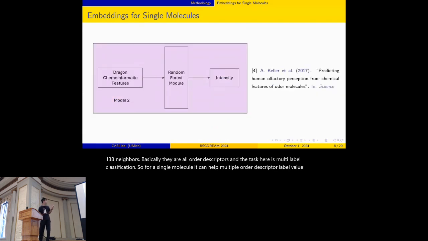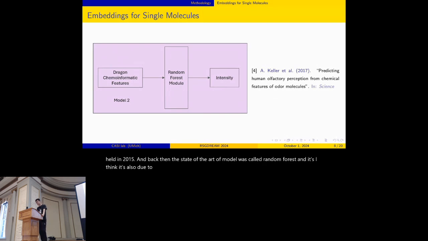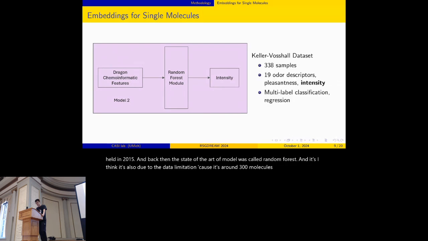And for the second part, the intensity part, we are motivated by the last DREAM challenge held in 2015. Back then, the state of the art model was random forest, and I think it's also due to the data limitation because it's around 300 molecules. The dataset we use is the Keller volatile dataset, around 300 samples with 19 odor descriptors, pleasantness, and also intensity.